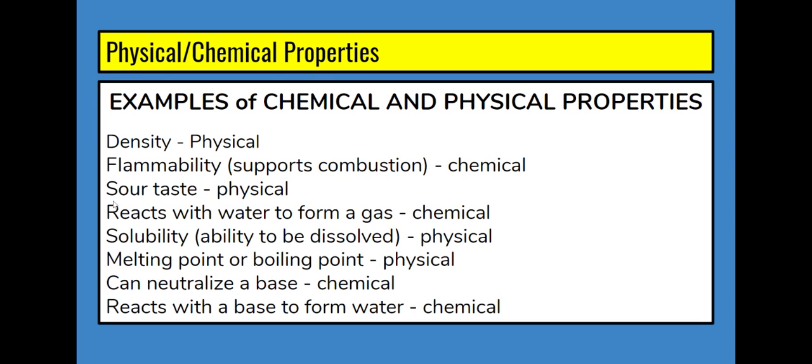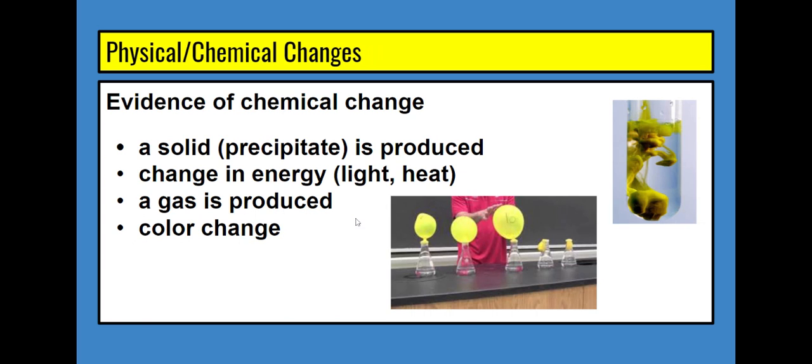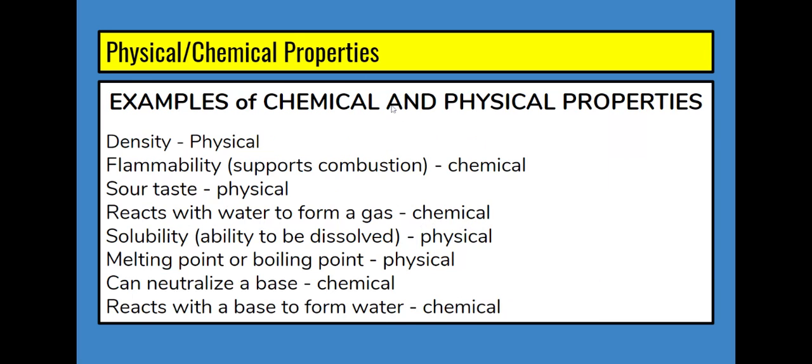Sour taste is physical. Reacting with water to form a gas: we know forming a gas was an example of chemical change. Therefore, we know that it itself is a chemical property. Solubility, dissolving, right? That is a physical property because just because you're dissolving something in water doesn't mean you cannot reverse that change.